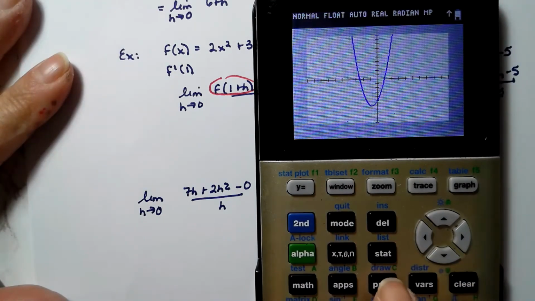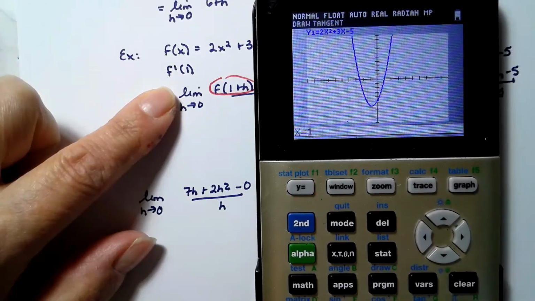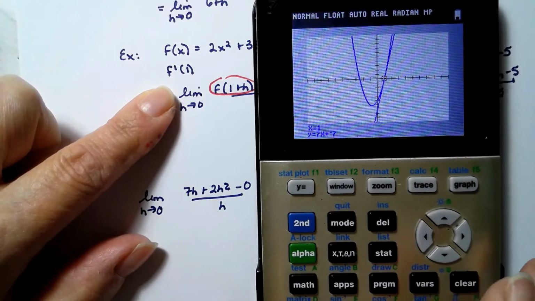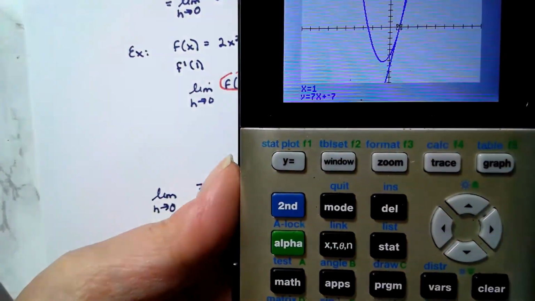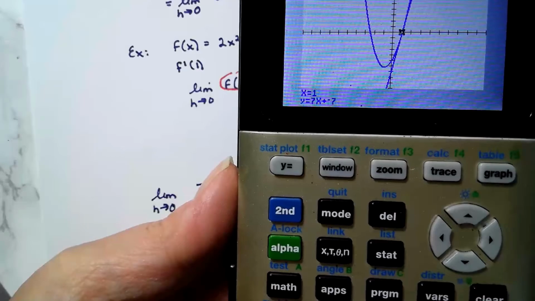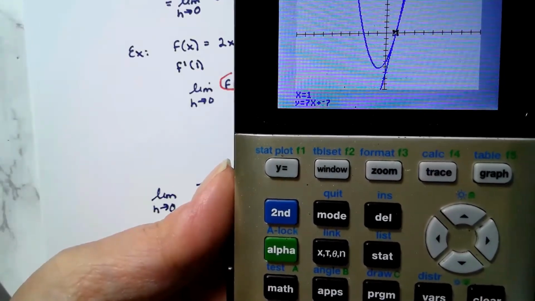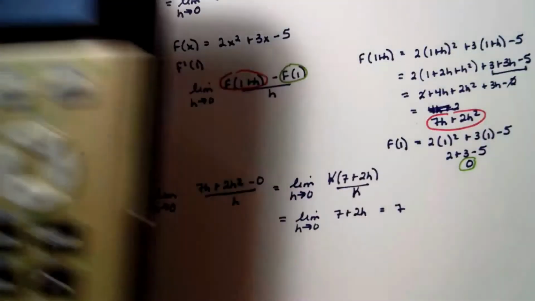So second, draw 5 at x is equal to 1. Hit enter. And I don't know if you can see that, but there it is. The slope is 7. And the equation's there. Okay, so you can double check with your calculator if you have to do one of these.